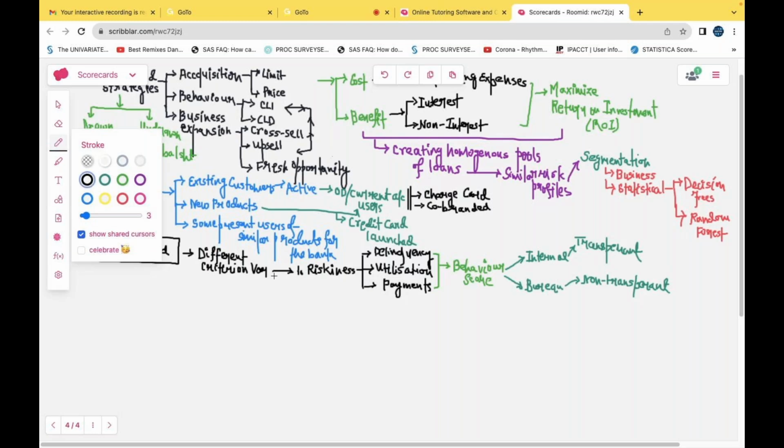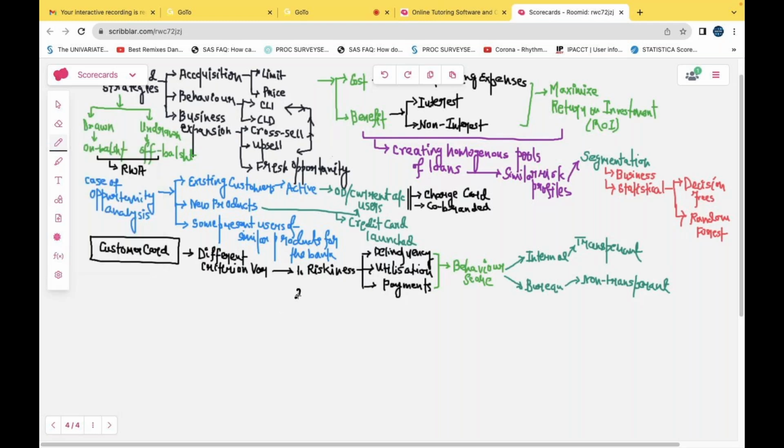The second kind of variable that comes here is the card usage type. So basically, the card usage type talks about the kind of borrowers who are using a certain kind of card. So I have two kinds of borrowers here.